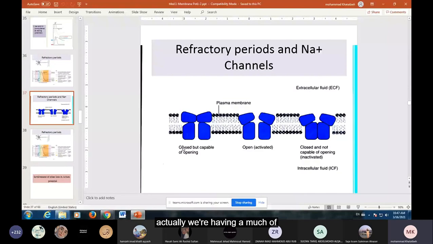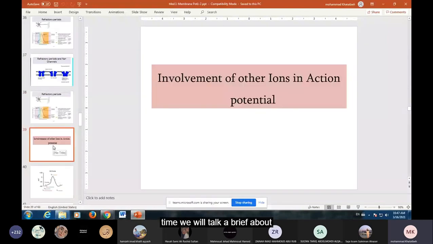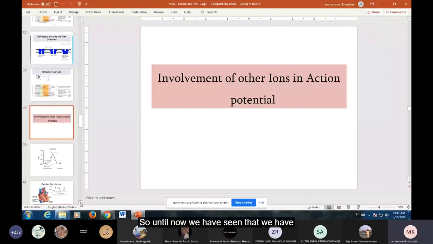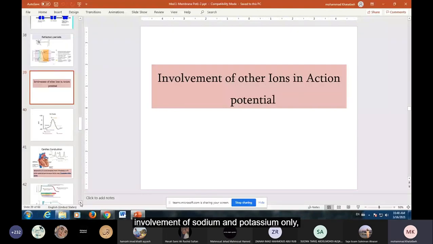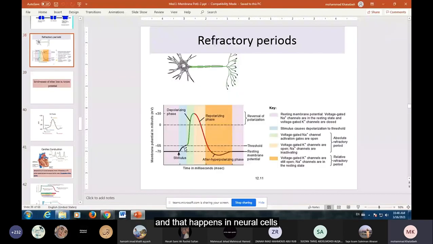Actually, we haven't much time. I will talk briefly about the involvement of other ions in that action potential. So until now, we have seen that we have involvement of sodium and potassium only, and that happens in neural cells as excitable tissues. Also, that happens in skeletal muscle as excitable cells.